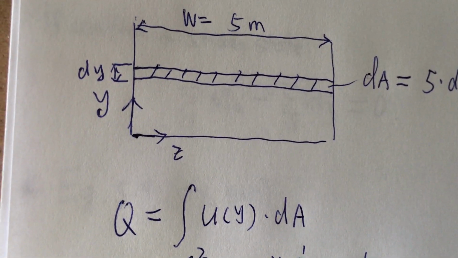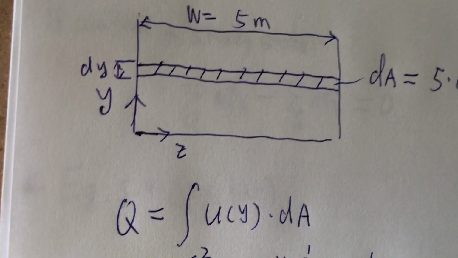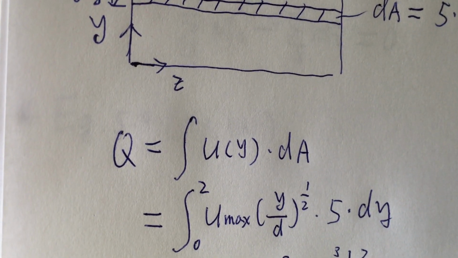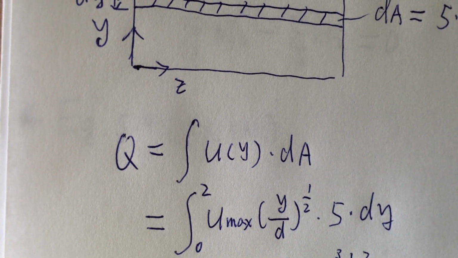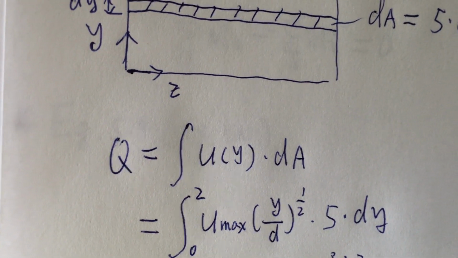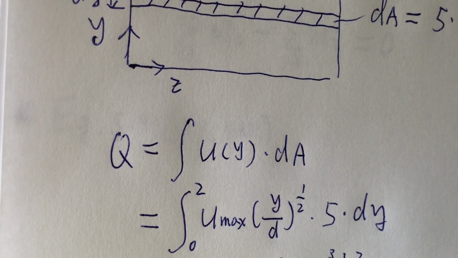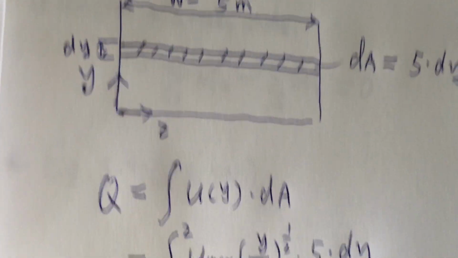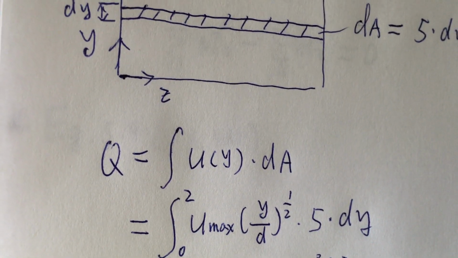So this is the calculation. Q equals the integral of U dA, so equal to the expression of U, which is U max times the square root of y over d, times dA, which is 5 dy. The limit of y is from 0 to 2.